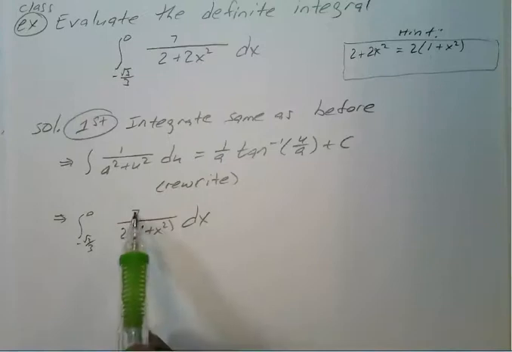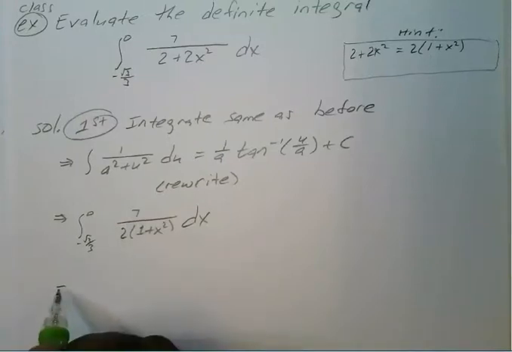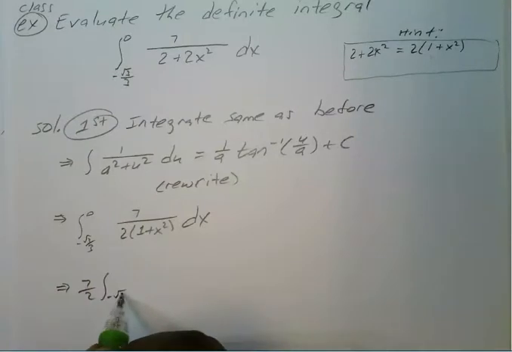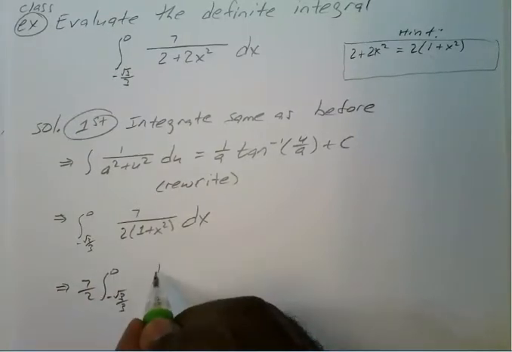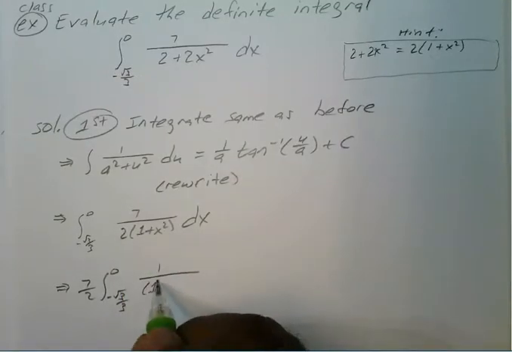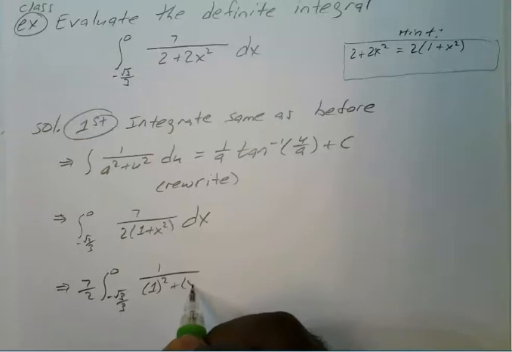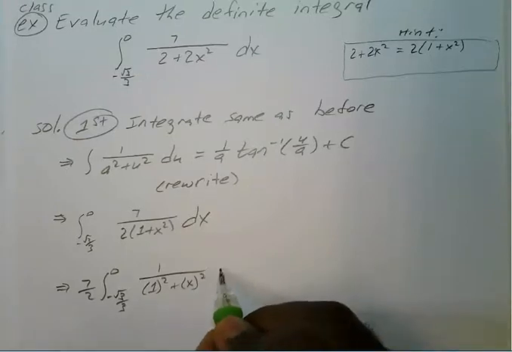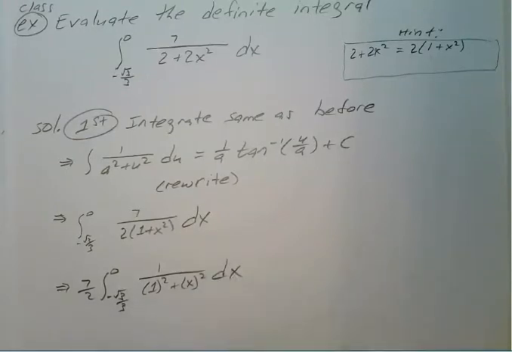We're going to factor out the 7 over 2. We have 7 over 2 times the integral from negative square root of 3 over 3 to 0 of 1 over 1 plus x squared. We're going to make that 1 squared plus x squared with respect to x.